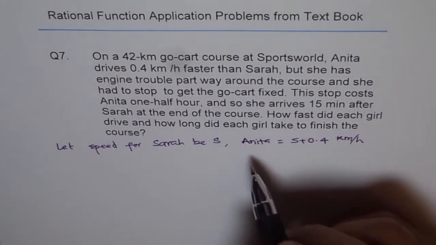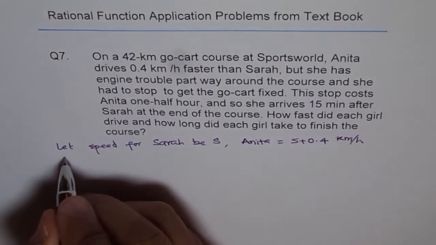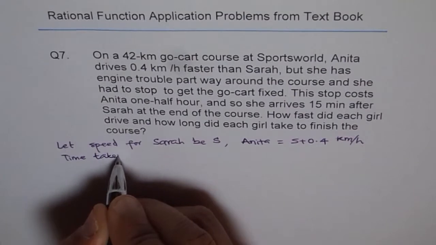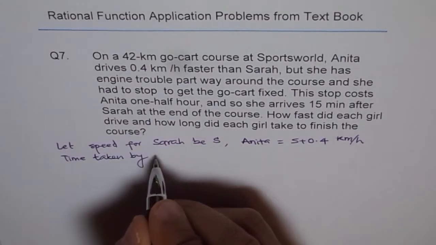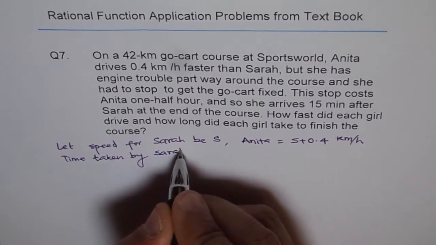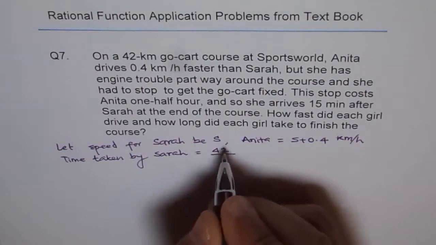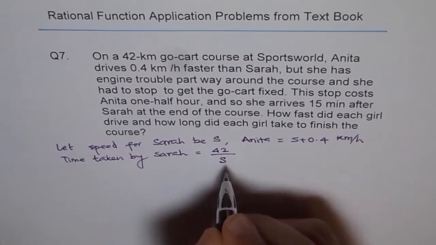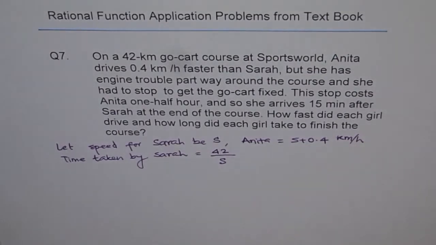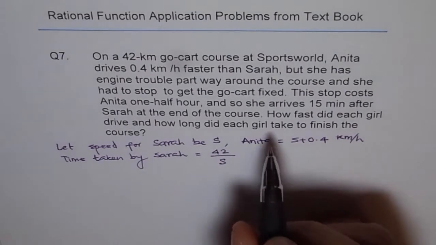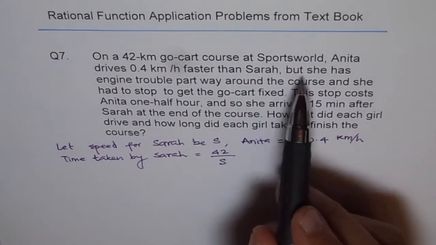So we'll say the time taken by Sarah will be 42 kilometers divided by speed, which is s, correct? So that is the time taken by Sarah. Now how much time does Anita take? She has engine trouble.